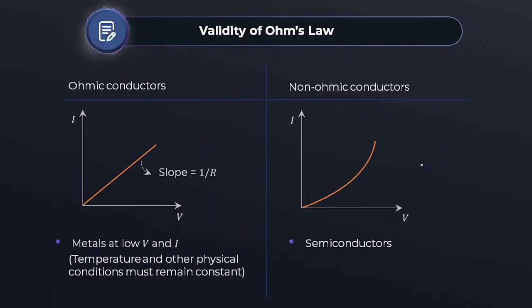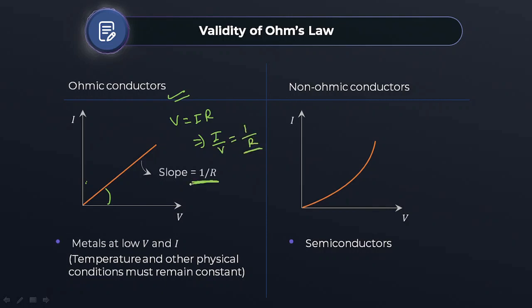So, validity of Ohm's law. There are two kinds of material. For us, only ohmic conductors we are going to see. So, for ohmic conductor, the graph between V and I is a straight line because we had V equals to IR, right? So if I want to write the slope for this, the slope will be I by V, that will be equals to 1 by R, right?